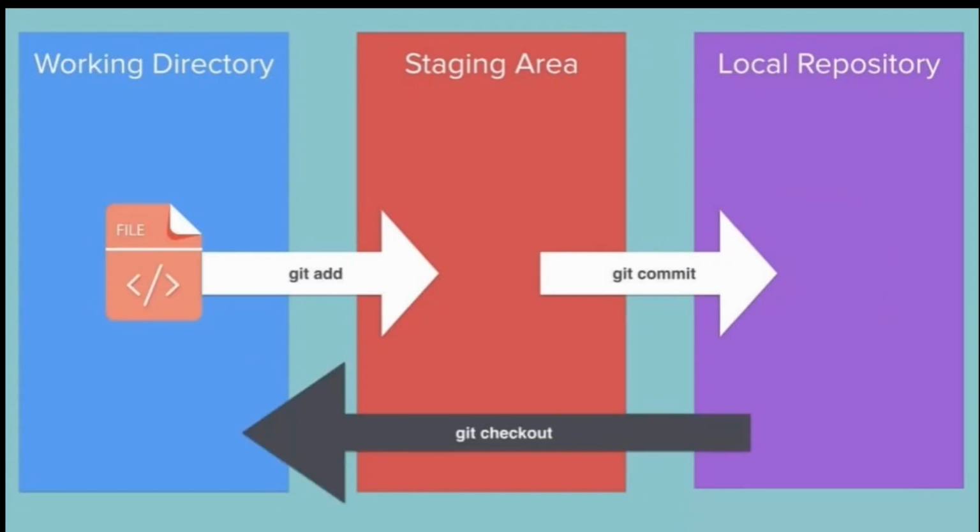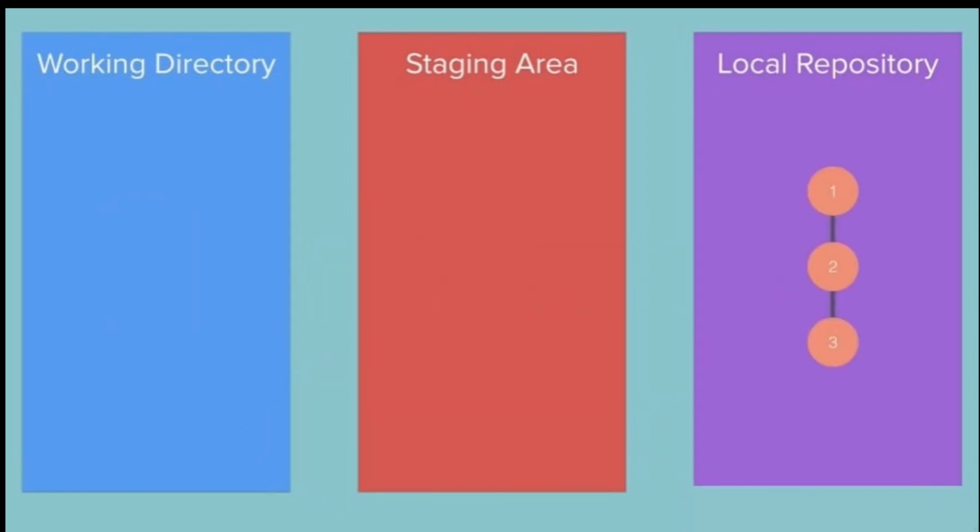And using a special command, git checkout, even when someone comes and messes up our code, or we accidentally do something, we can always get back our versions. Once we have made several commits in our local repository, we get a timeline and a branch. This is known as the main branch, or sometimes the master branch, where all the progress is saved.